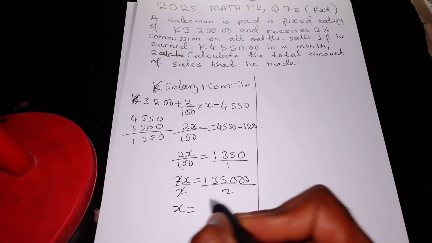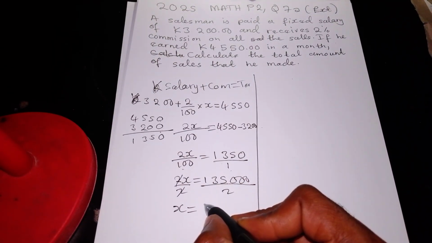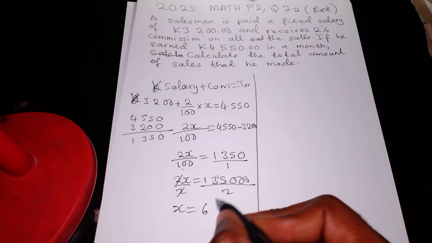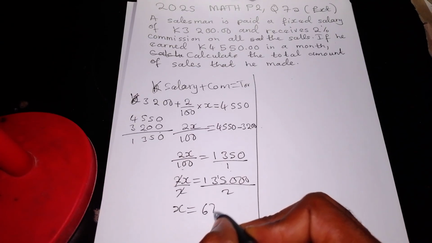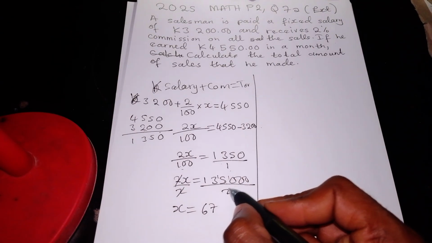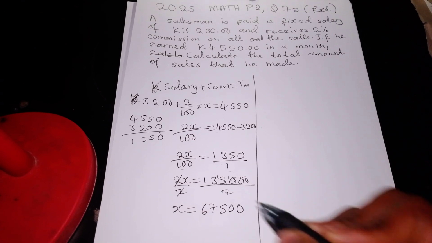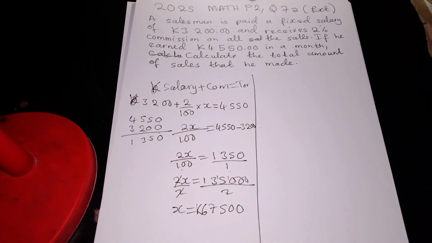So 2 into 13, that will be a 6, remainder 1. 2 into 15, you have a 7, remainder 1. And then 2 into 10, you have a 5, and then you have 2 zeros, and you're done. So this is the total amount of sales that this man made.